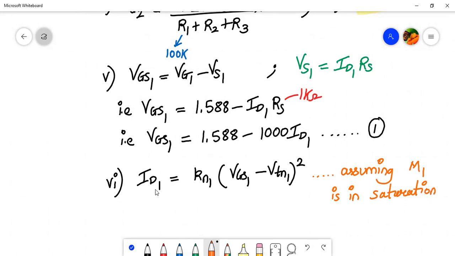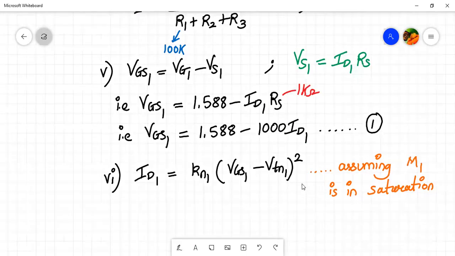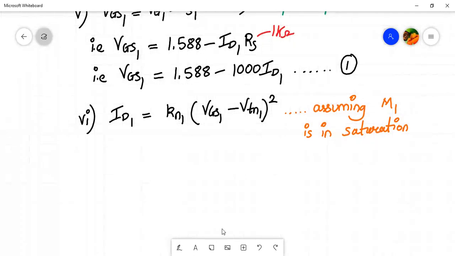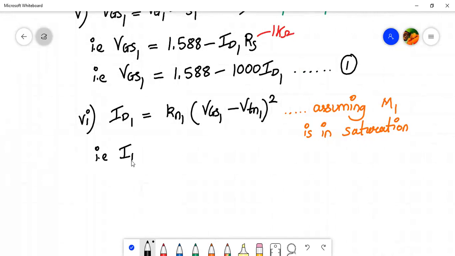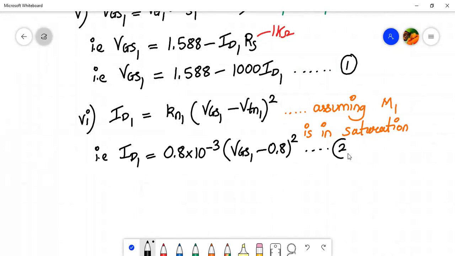Now let me write the values. ID1 will be equal to Kn1, which is 0.8 milli, so 0.8 into 10 raised to minus 3, then VGS1, which is unknown, minus VTN, which is 0.8, the whole square, right? So let this be equation number 2.